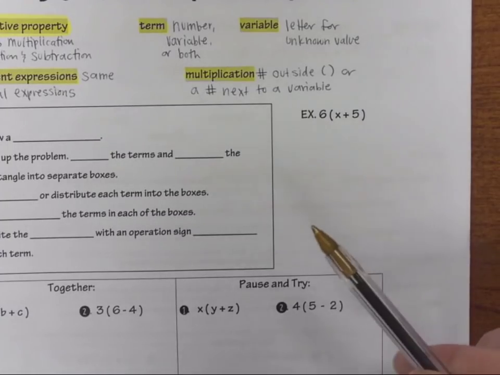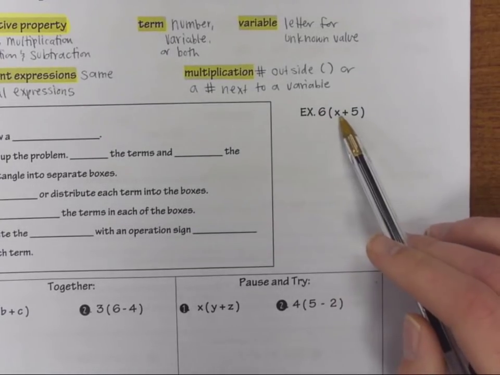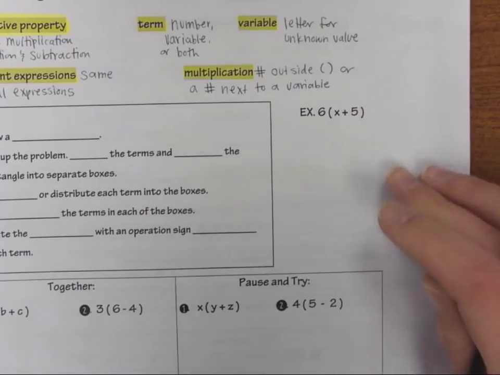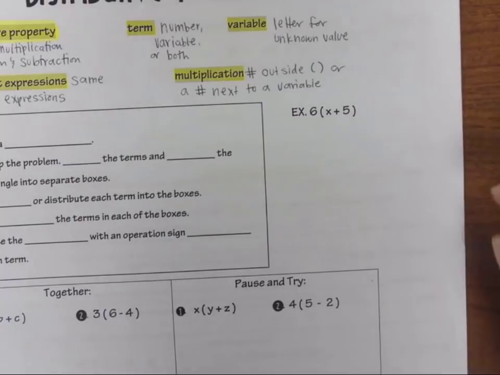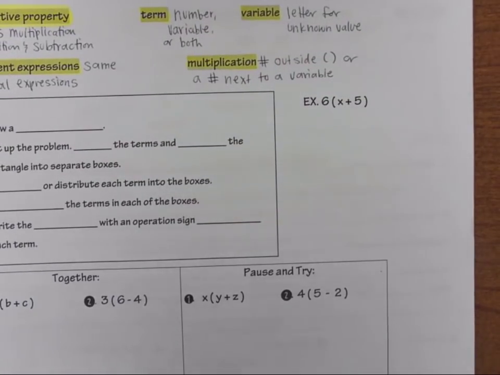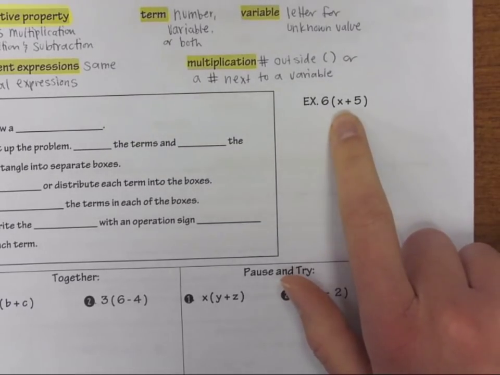So to do this, we want this 6 to multiply by both terms that are in there. We can't multiply it to just one, that wouldn't be fair. It's got to multiply to both the x and the 5. Normally you're used to simplifying what's inside the parentheses first and then multiplying, but that's hard to do when we don't know what x is.